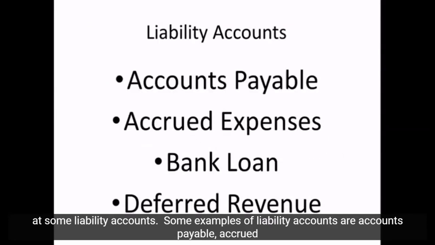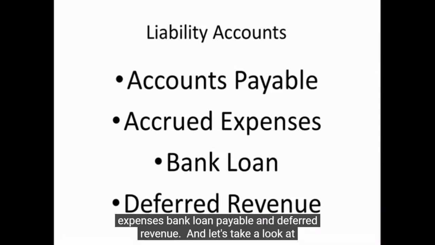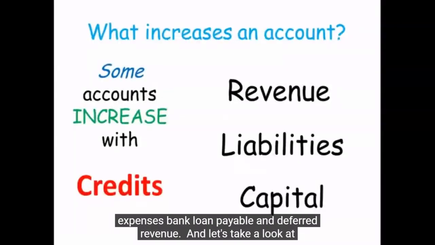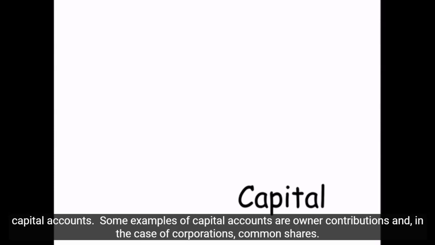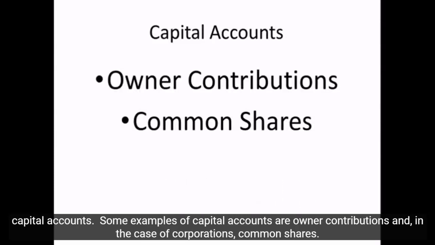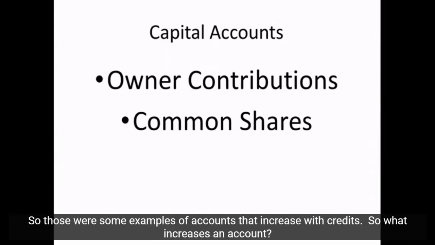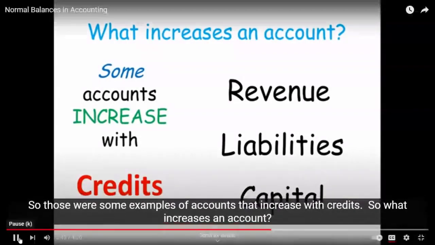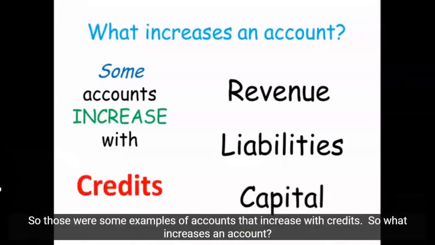Some examples of liability accounts are accounts payable, accrued expenses, bank loan payable, and deferred revenue. And let's take a look at capital accounts. Some examples of capital accounts are owner contributions, and in the case of corporations, common shares. So those were some examples of accounts that increase with credits.